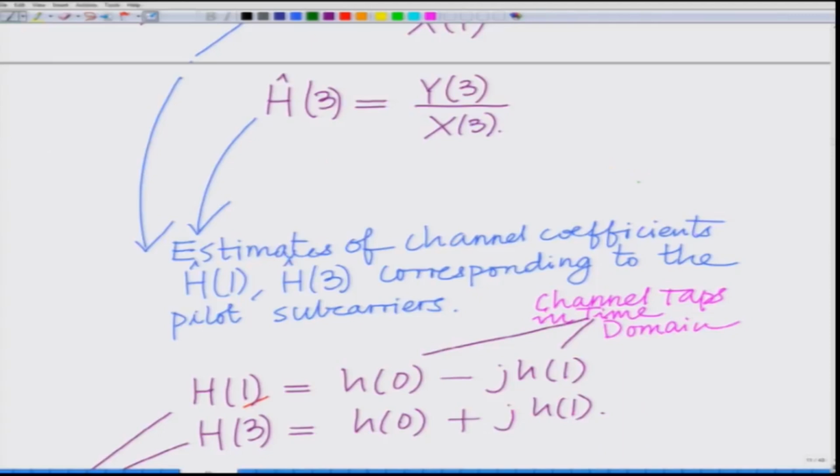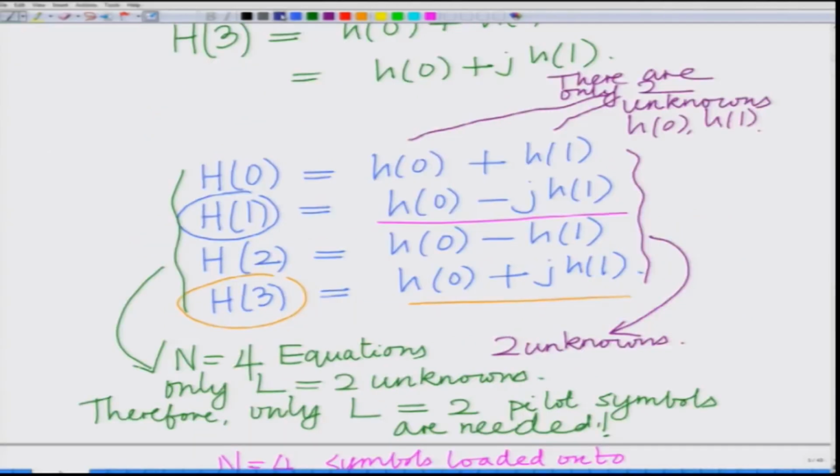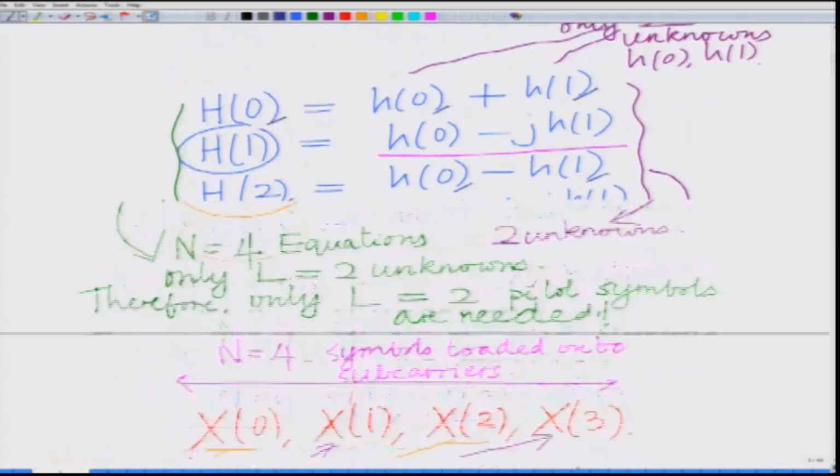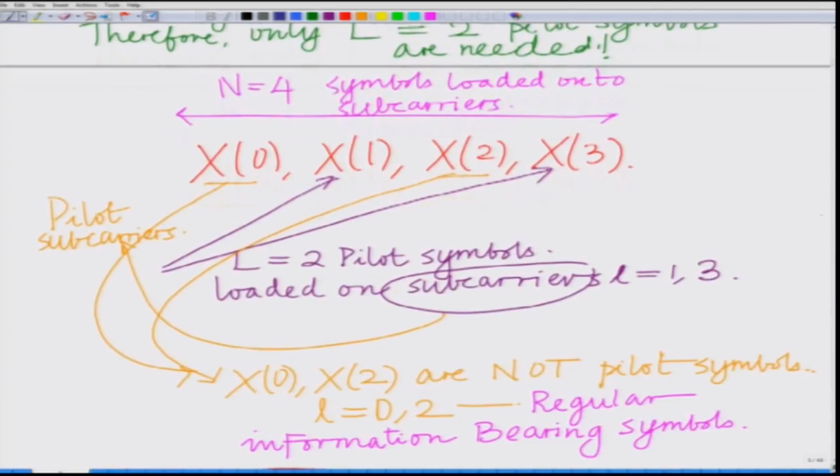Here, H0 equals small h0 plus small h1, and the coefficient across subcarrier 2 is small h0 minus small h1. So, I can use this property.